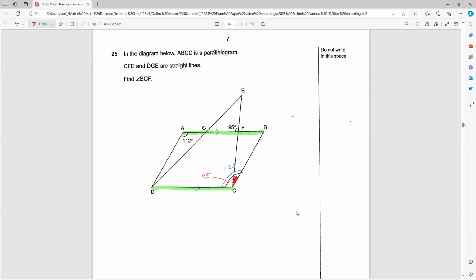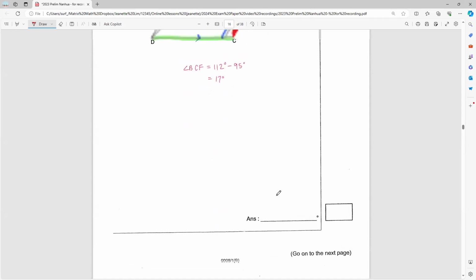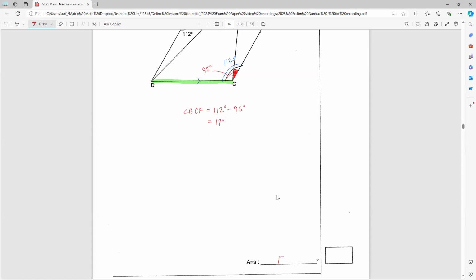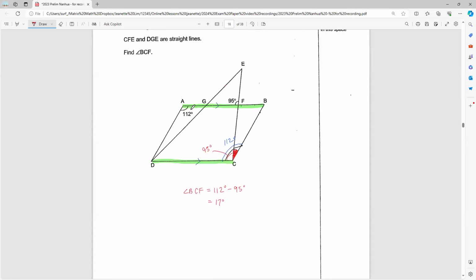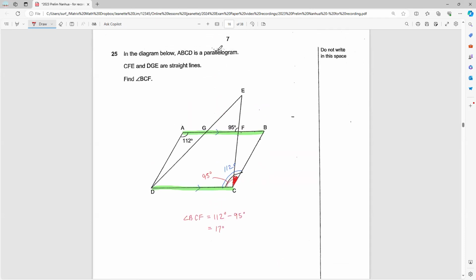Okay, so to find the angle BCF, it's 112 minus 95, which is 17. So the answer is 17 degrees. I'm using opposite angles of a parallelogram, and I'm also using corresponding angles, which is the one that looks like an F. And you must have parallel lines, which we do because it's a parallelogram.